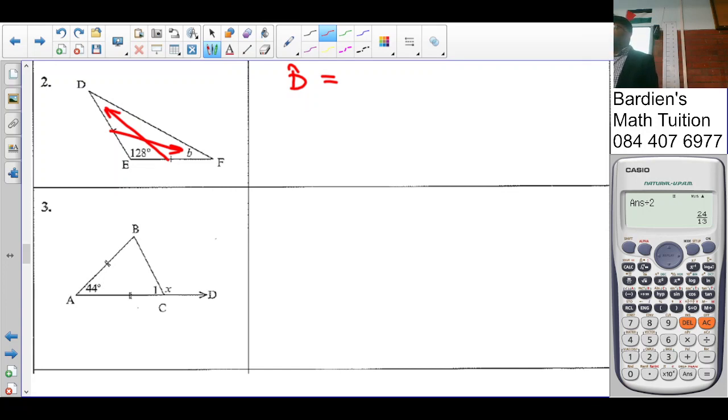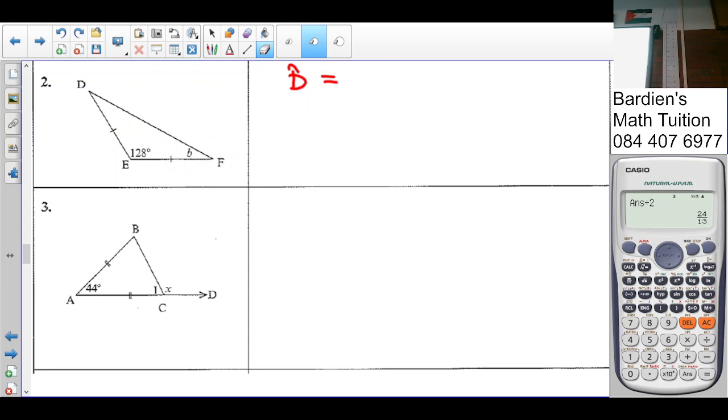B. There's a B here. Capital letters. Big D is equal to big F. And if big F is b, then big D is small b.